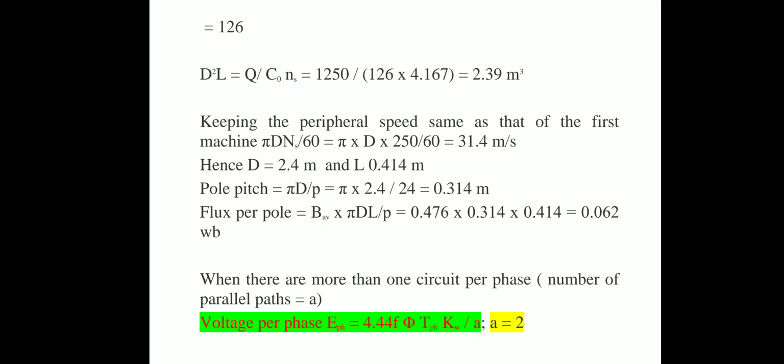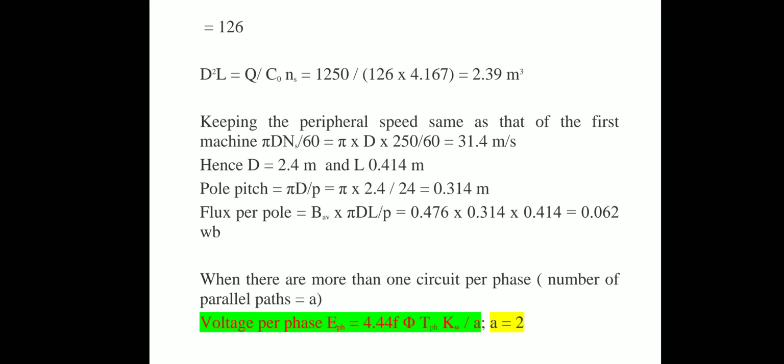Put the value of D in this equation, and you will get L as 0.414 meter. Pole pitch is pi D by P, which is pi into 2.4 upon 24, that is 0.314 meter. Flux per pole is equal to BAV into pi D L upon P. Calculate this, you will get 0.062 Weber.